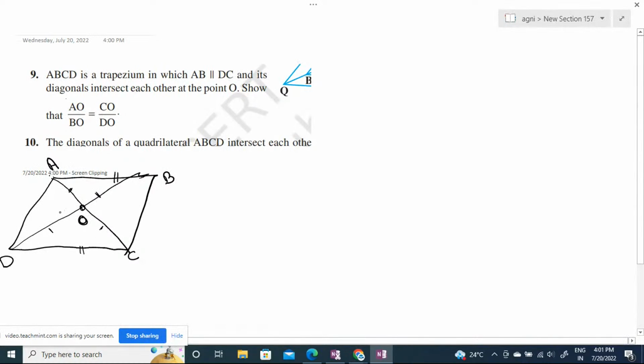Now, how to prove this? We just draw a line like this. Let it be EF.